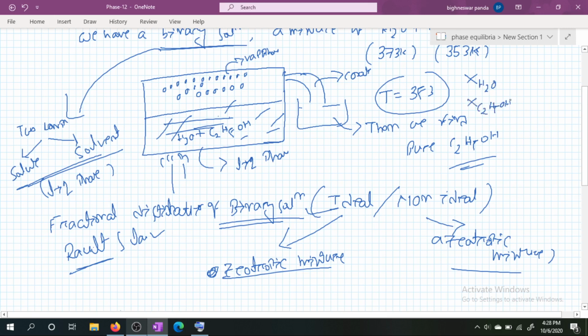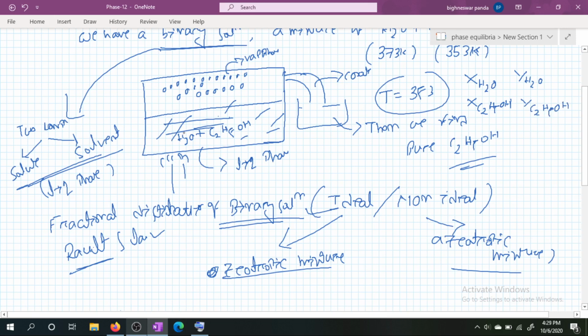This X is also called chi. The total mole fraction is equal to 1, so mole fraction of water plus mole fraction of alcohol is equal to 1. Let XH2O and XC2H5OH be the mole fractions in the liquid phase, and YH2O and YC2H5OH the mole fractions in the vapor phase.